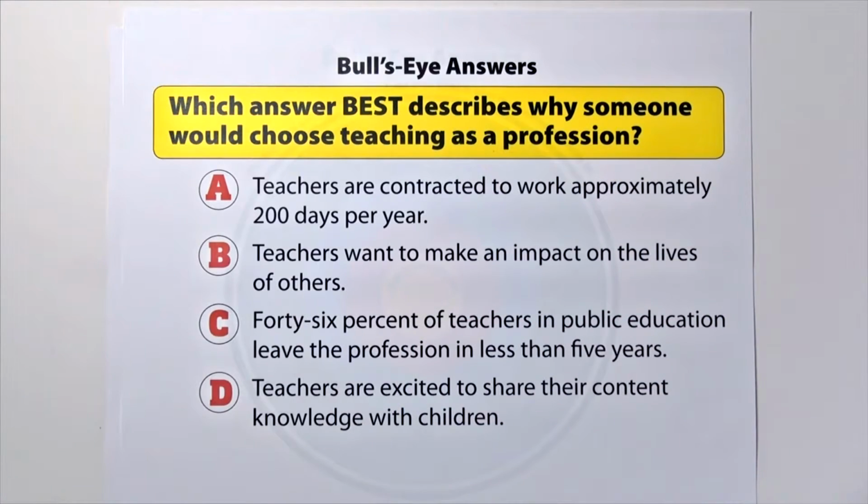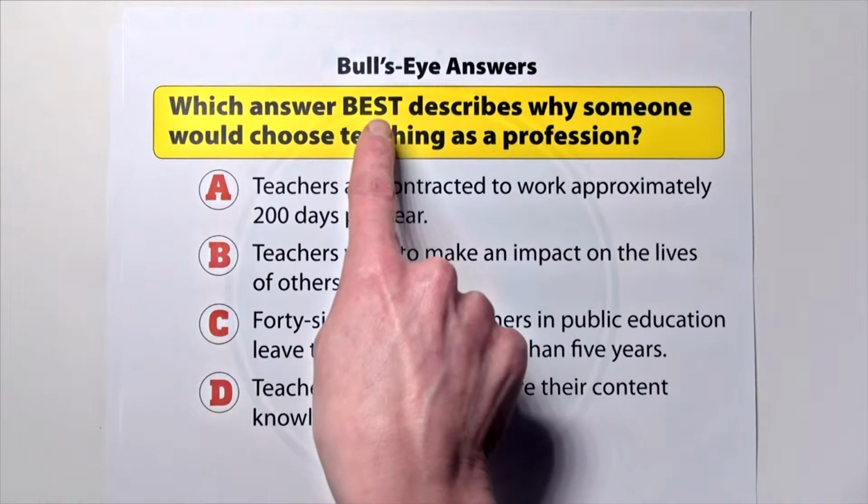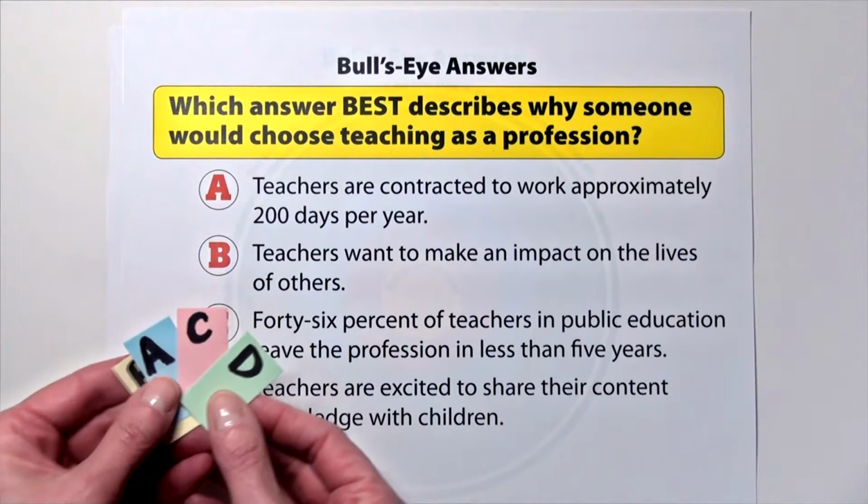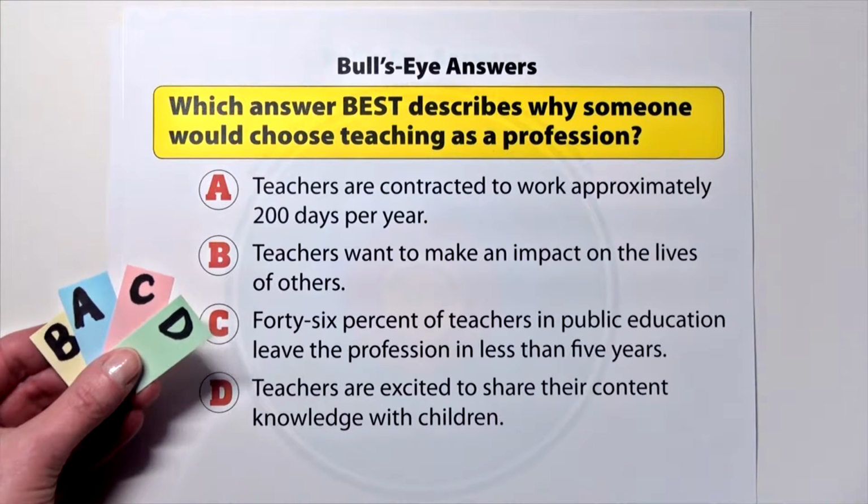Now, let me show you a question, but this is a teacher example, not one I would actually do with students. If the question was, which answer best describes why someone would choose teaching as a profession, we're going to read each of the 4 optional answers, and then we're going to place our sticky notes.